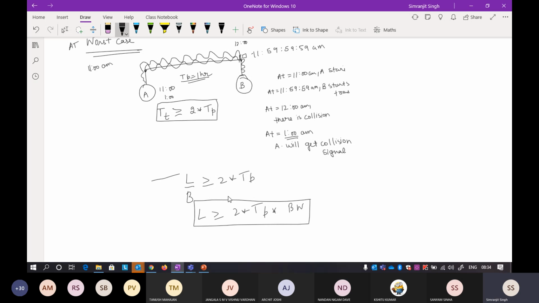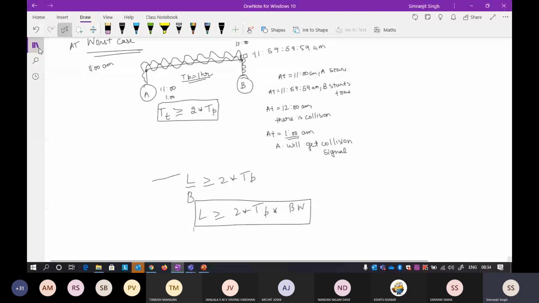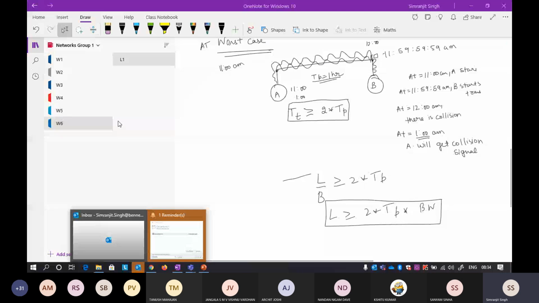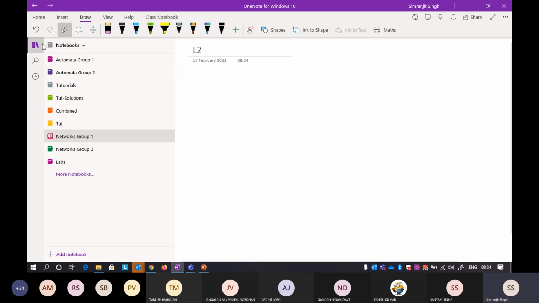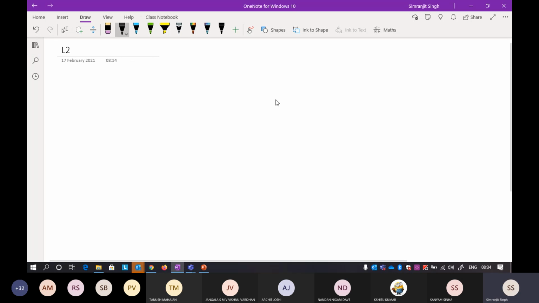Now I think we are at efficiency. What is the efficiency of CSMA/CD? I'll go to another lecture for this. What will be the efficiency of CSMA/CD, which is most popularly referred to as Ethernet?